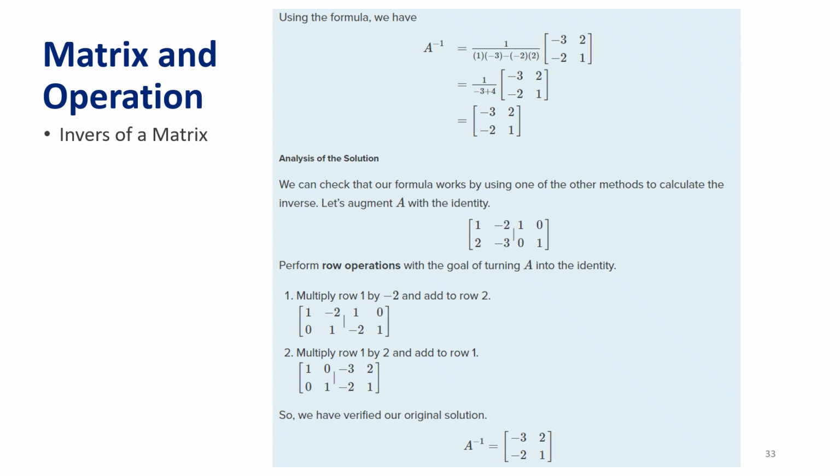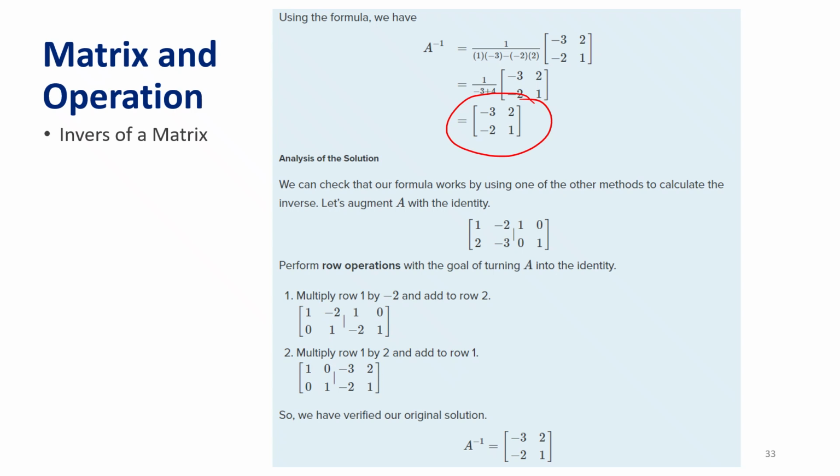Okay, then you will get this value, and this is the inverse of a 2 by 2 matrix. And then actually we can check if this formula works by using the operations that usually calculate for a larger matrix.